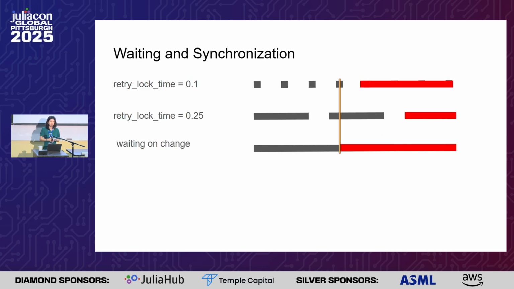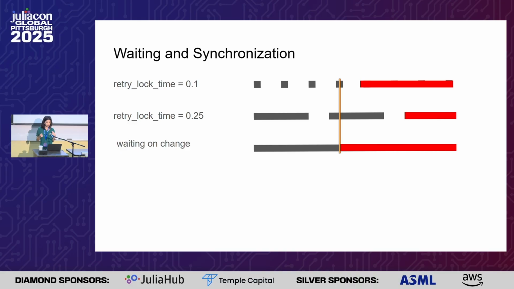This approach works, but as you can see, it can be not very efficient. Imagine the gaps are when the querying is being done, like the find free slot functions, and this orange bar here is when a slot becomes free. If the retry interval is too short, the first case, then the entanglement would happen shortly after the slot is freed.